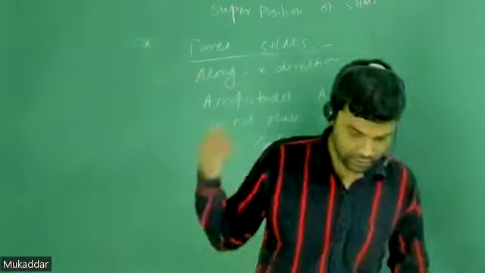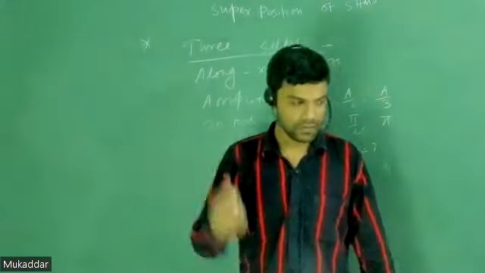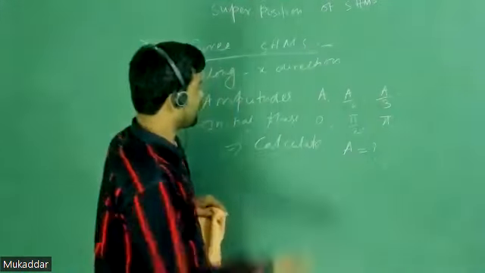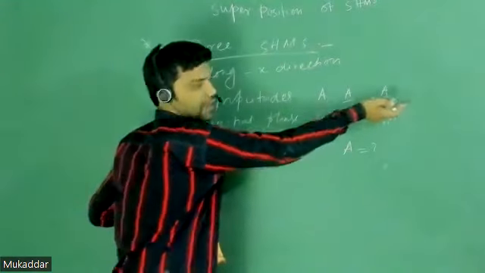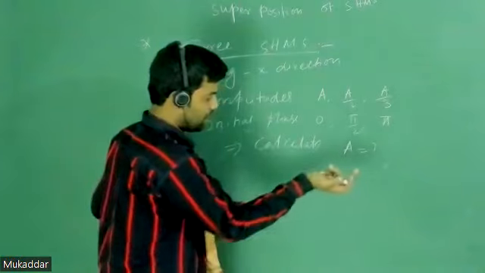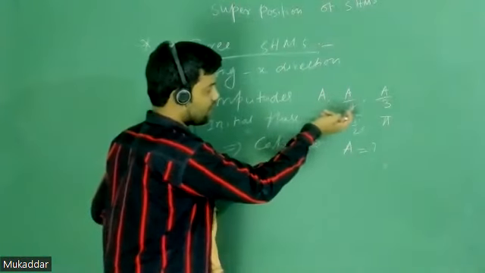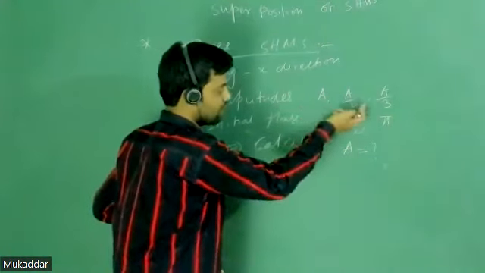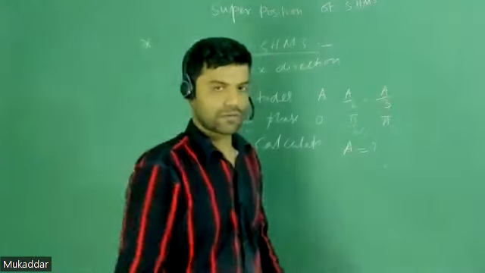That was a previous year question from JEST. You have three SHMs along the x direction with different amplitudes and different initial phases, and you have to calculate the amplitude of the resultant when they superimpose.